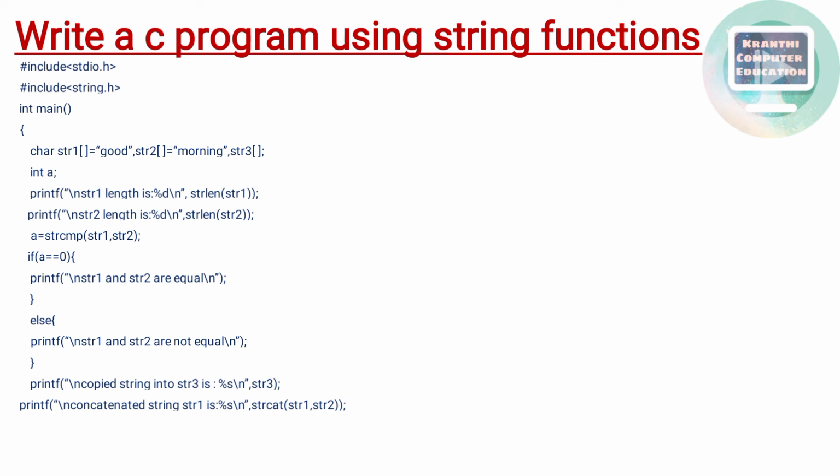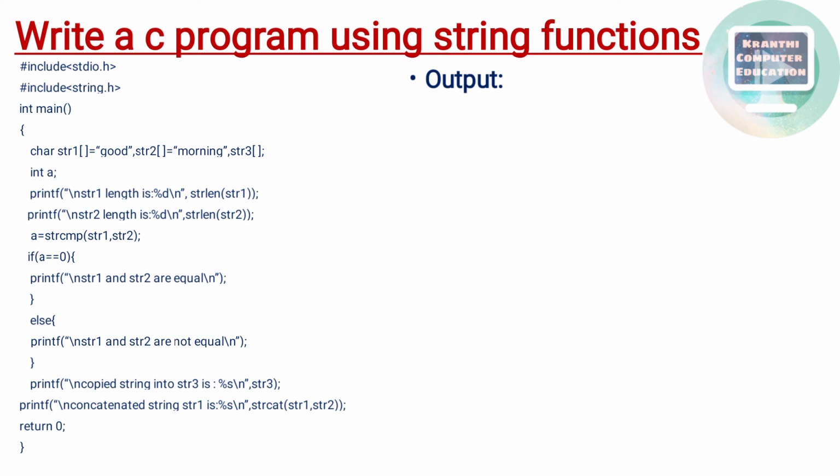Here I apply the string concatenation function on string 1 and string 2, so the string 2 value is appended at the end of string 1, and the total appended string is stored in string 1. Next, return 0, and then the main function closes. So the program ends here.